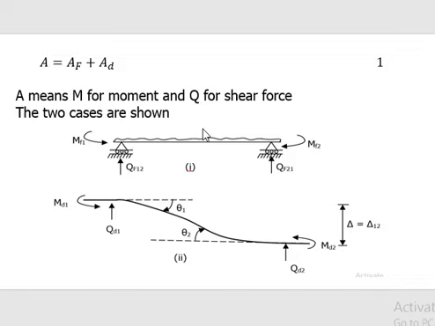This external load will induce shear forces and bending moments at the supports, MF and QF, at support 1 and at support 2. The second case is this one. There are no external loads on the beam. Rather, one of the supports sank, like support C sank through a distance of delta. This sinking of support made the beam deform and induced bending moments and shear forces at the two ends of the beam, MD and QD, as we can see on this screen.